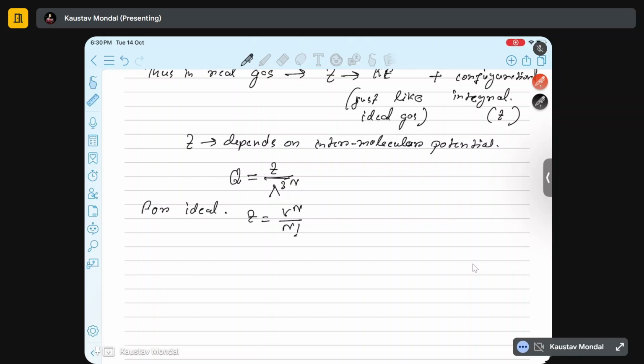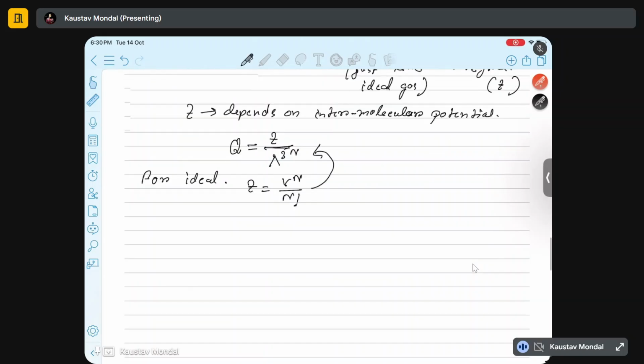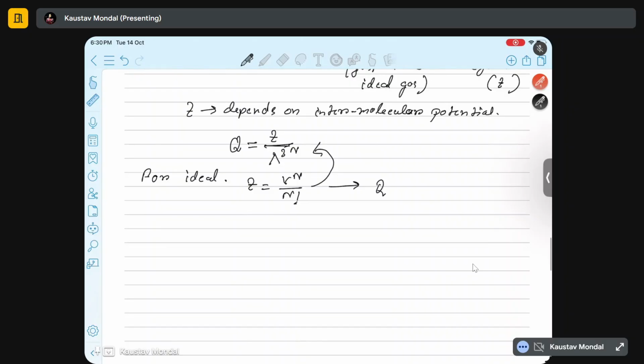Now if you substitute this here, then this gives you Q equal to V to the power N by N factorial into lambda to the power 3N.